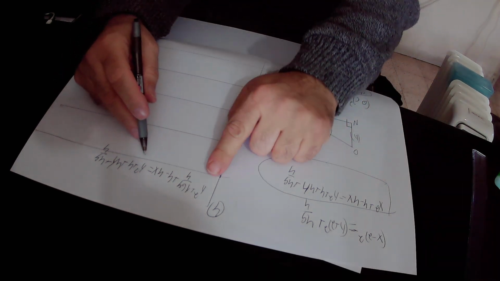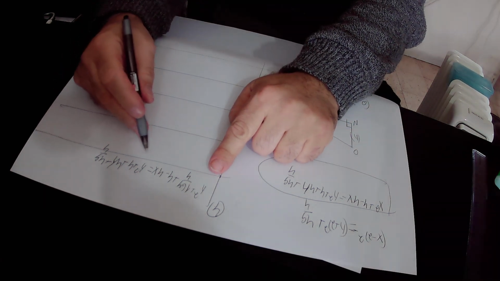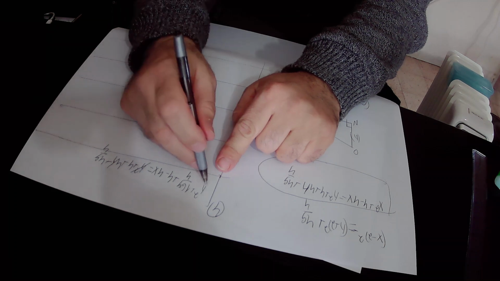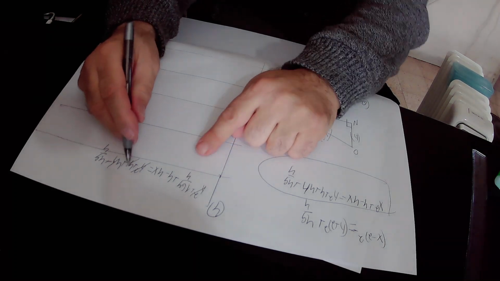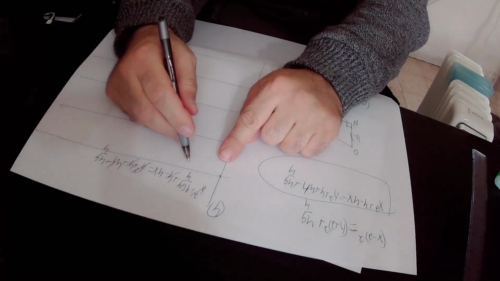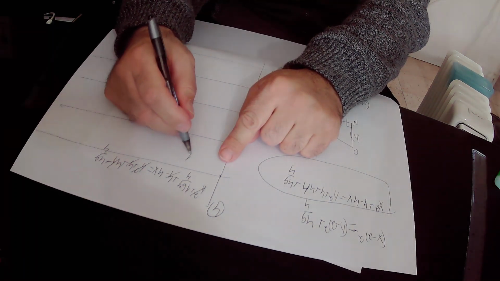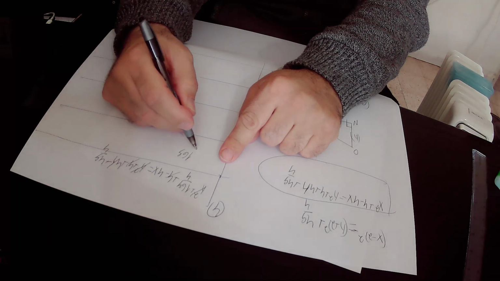So here we have h squared on both sides of the equation, so h squared will get cancelled, and we also have 4 on both sides of the equation, so 4 also will get cancelled.